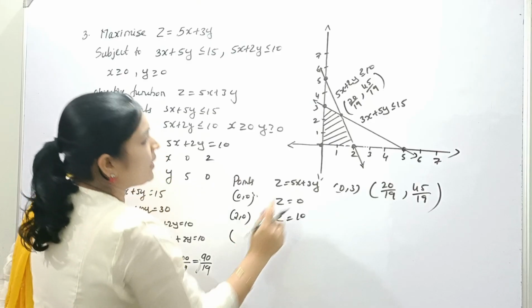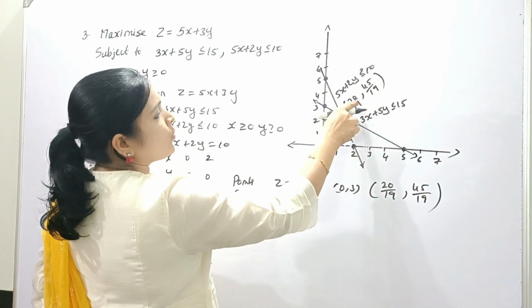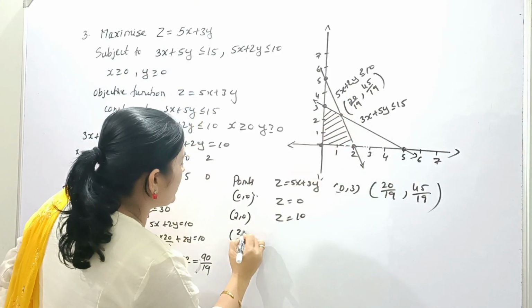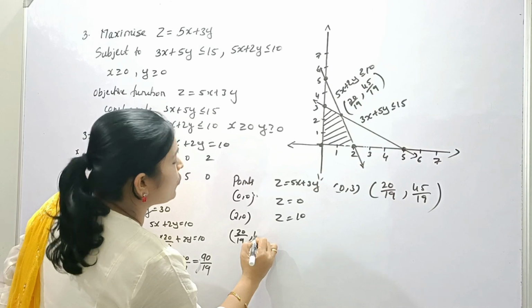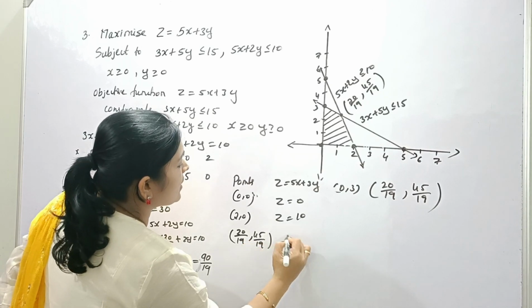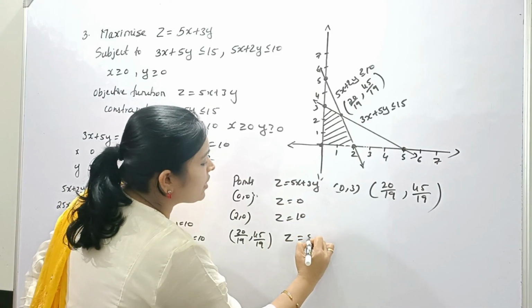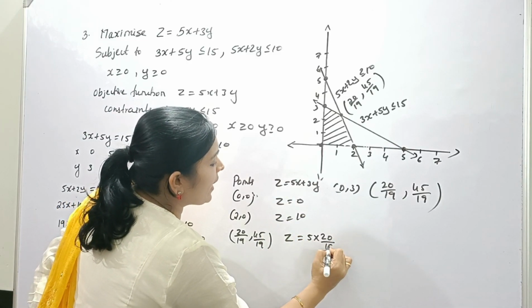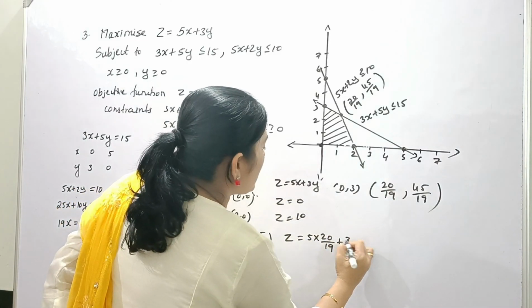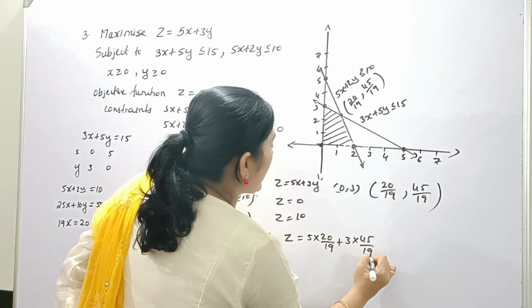Right? Next point, okay, let's take 20 by 19, 45 by 19. Here z is equal to, substitute x is equal to 20 by 19, 5 into 20 by 19 plus 3 into 45 by 19.